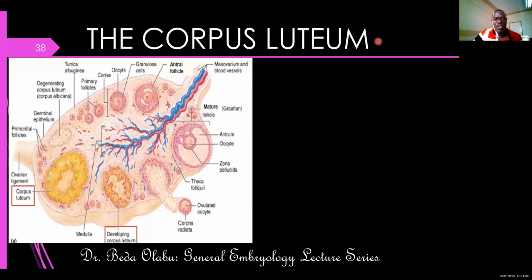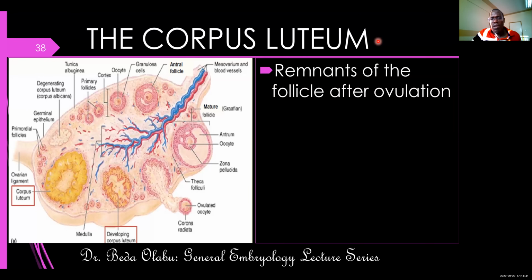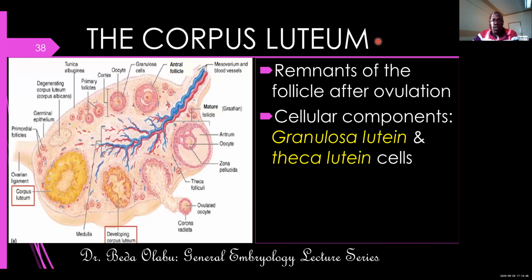So what is corpus luteum? Corpus luteum represents the remnants of the follicle after ovulation. These remnants consist of the following cell types. Remember, the granulosa cells remained. The granulosa cells become what we call the granulosa lutein cells.